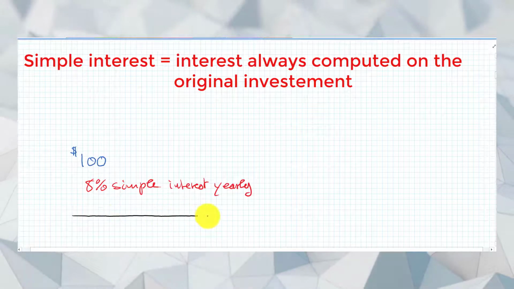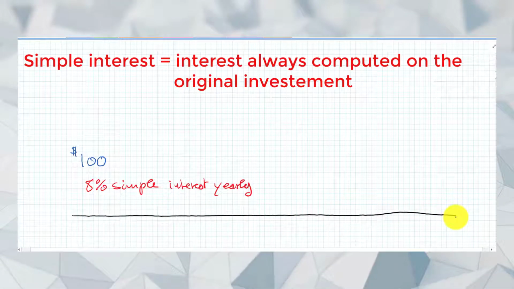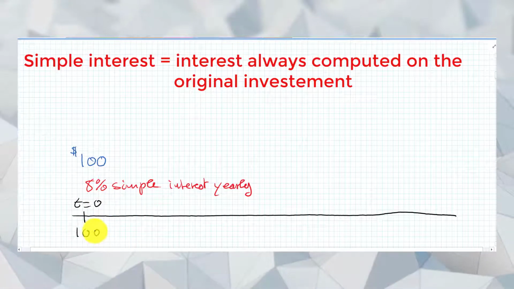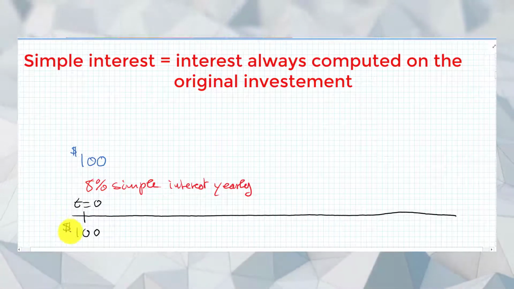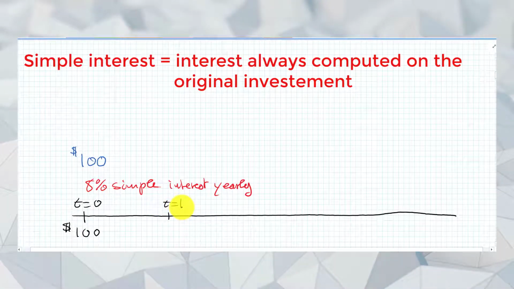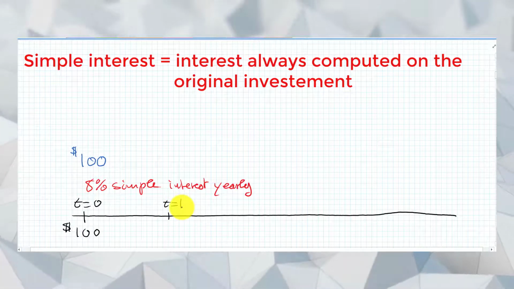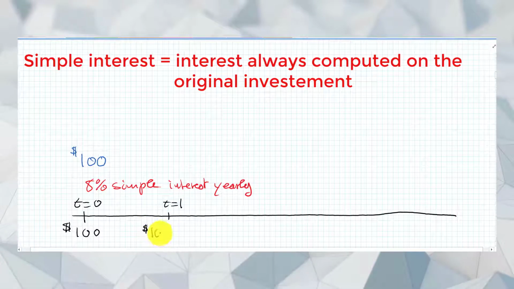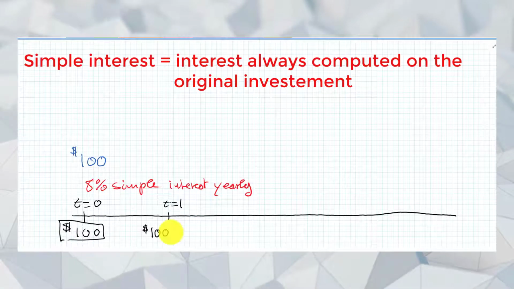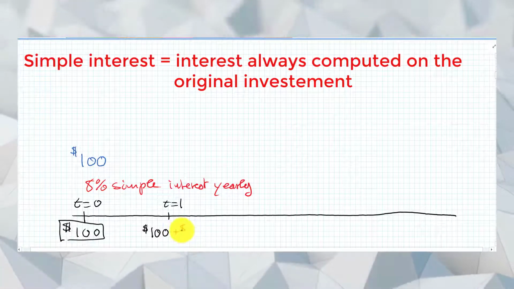Here's a timeline. You start at t equals 0 with $100. Then, at the end of the first year, you're going to have to add 8% of $100. So this is $100, that's what you had at t equals 0, and then 8% of it, so that's just $8.